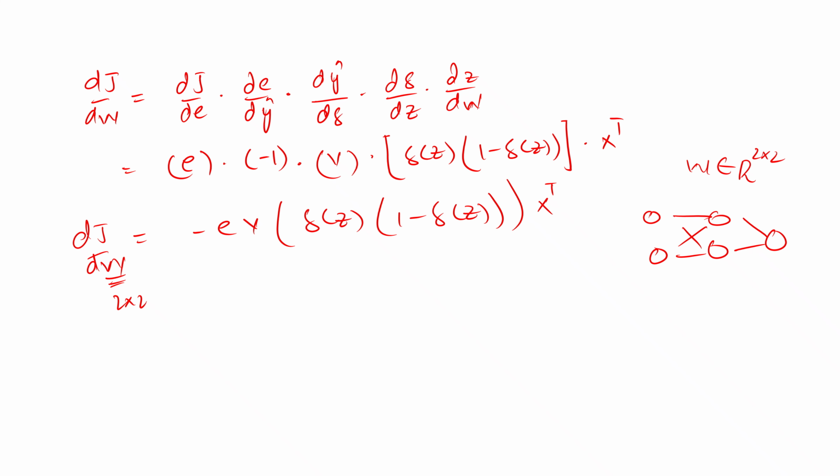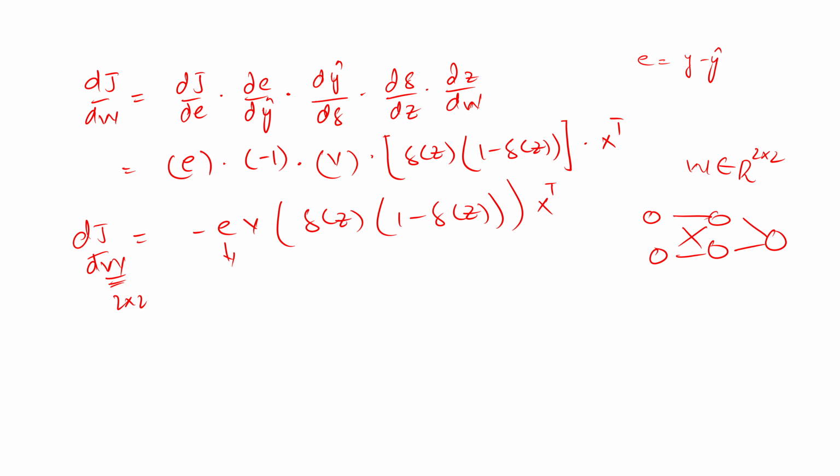We want to find the dimensions on the right-hand side and match them. What is the dimension of e? We already know e is y minus y hat, so the dimension of e will be 1 cross 1.